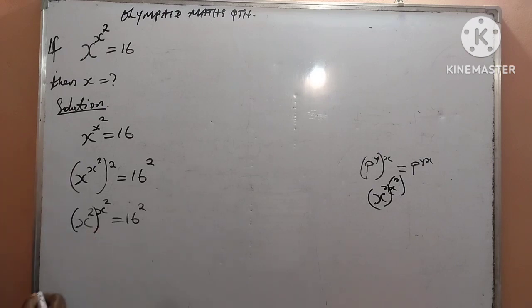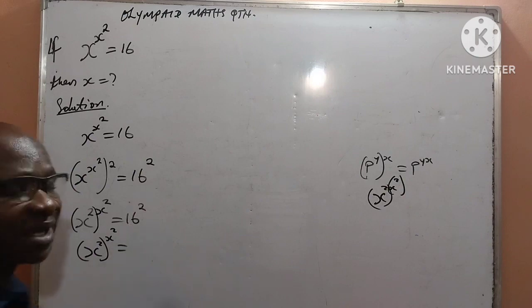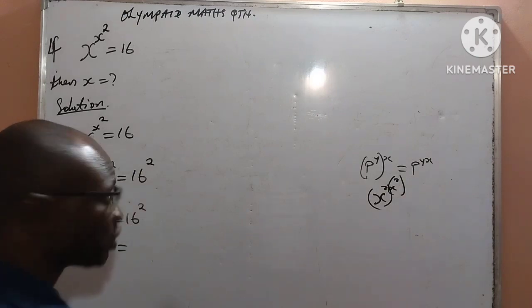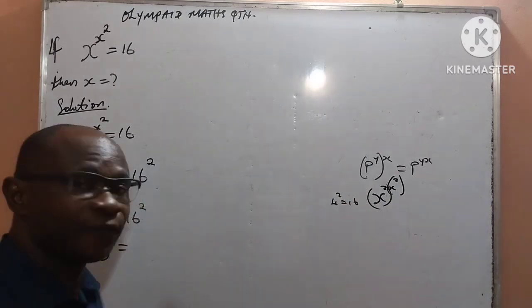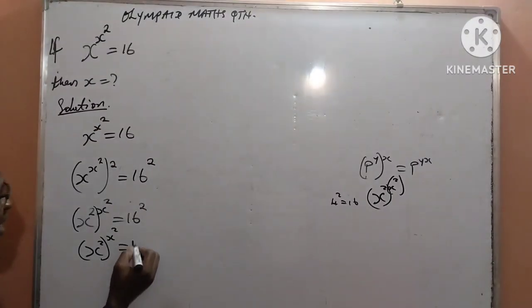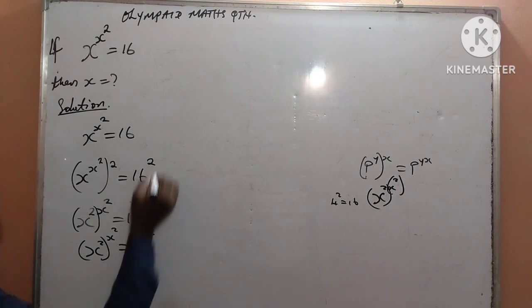Therefore, this is now going to be x raised to power 2, or raised to power x raised to power 2, equal to, this 16 can be written as 4 raised to power 2. That is 4 to the power 2 is 16, 4 times 4. So I write it as 4 raised to power 2, then or raised to power 2.